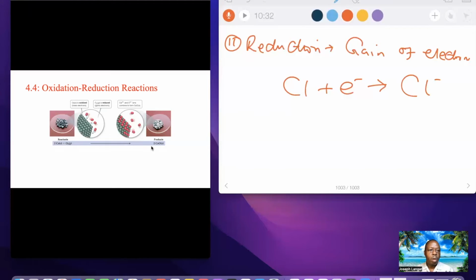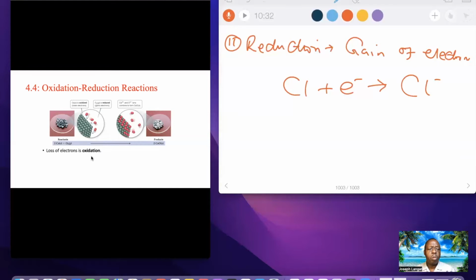Later on, we'll look at what is being oxidized and what is being reduced. I'll explain what those terms mean. Once we get to an example, I'll show you how to identify the reducing agent and the oxidizing agent, because you'll be given those questions in the exam.